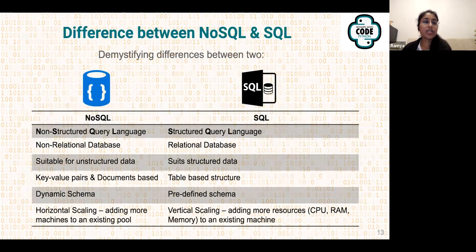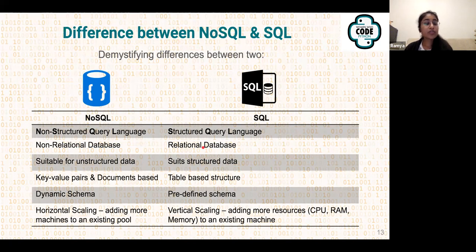Next, what are the differences between NoSQL and SQL? NoSQL is a non-structured query language, whereas SQL is structured query language. NoSQL is used for non-relational databases, whereas SQL is for relational databases.